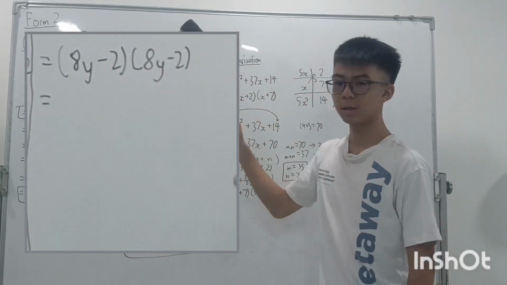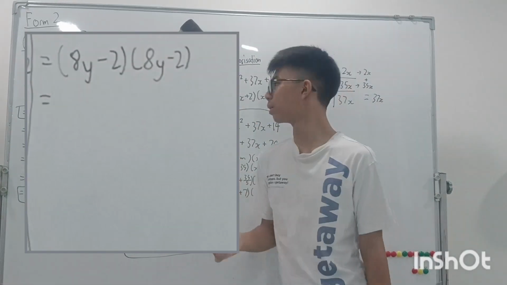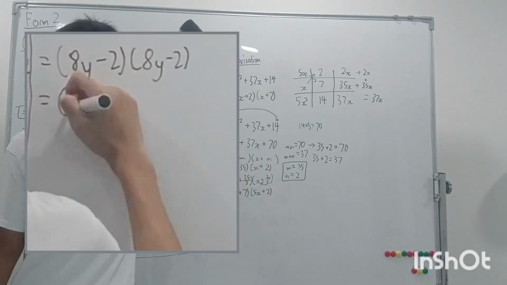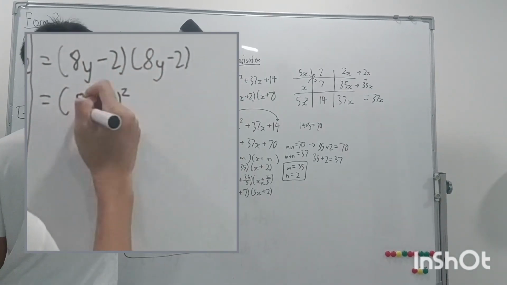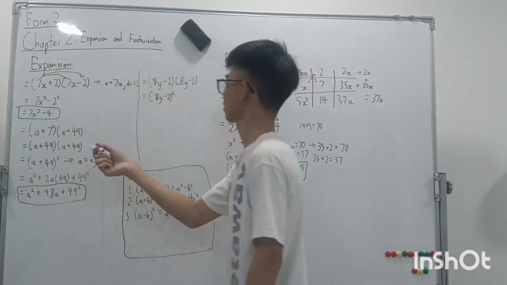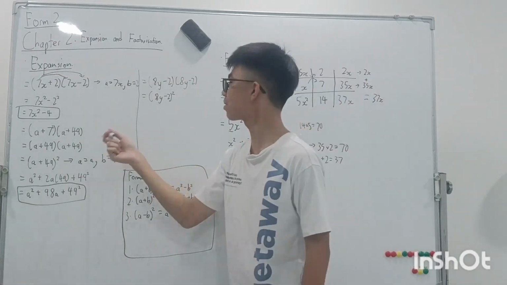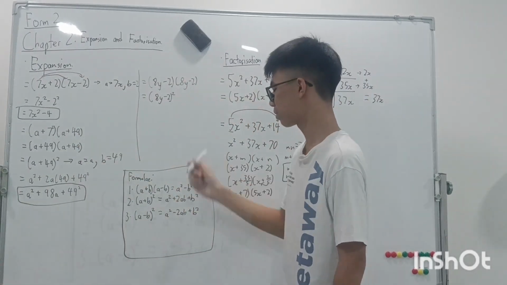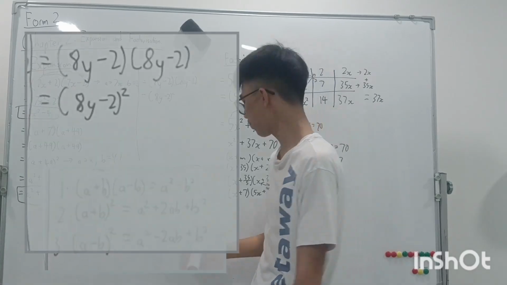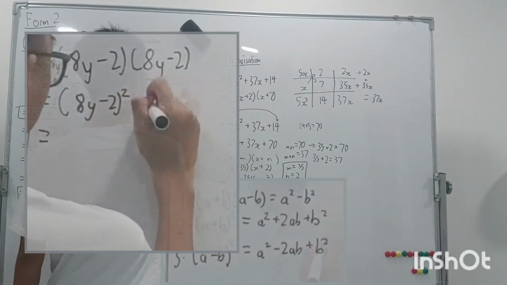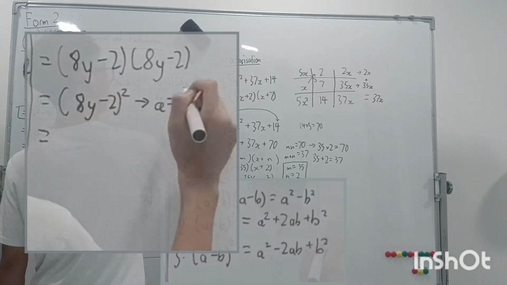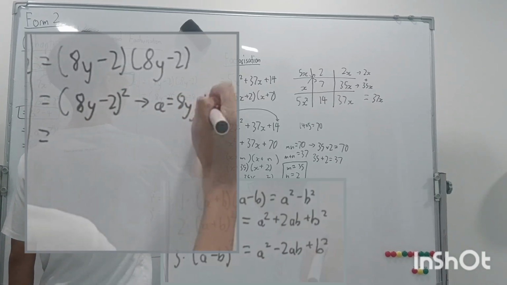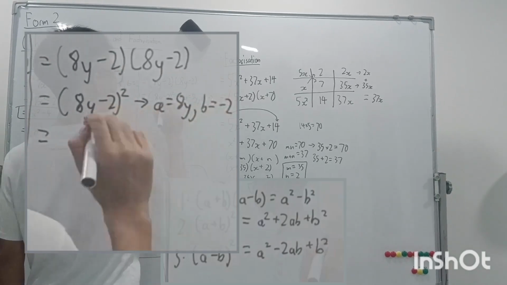Okay, so this multiplied with this is going to be bracket 8y minus 2 squared. It's just the same thing as the last one, but instead of plus we got minus. So let's use the third formula we have right here. A will be equal to 8y and b will be equal to negative 2.